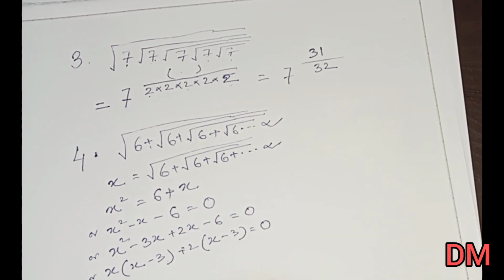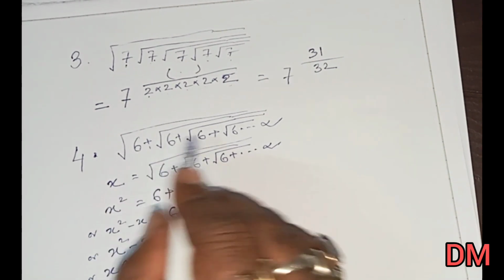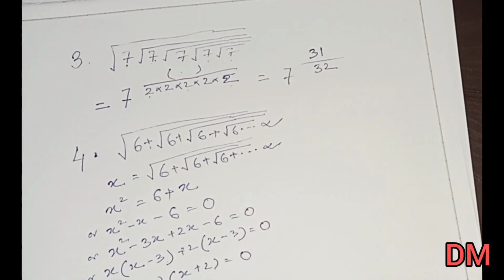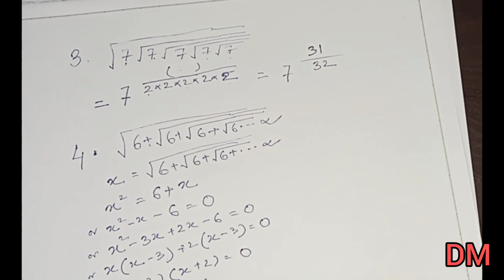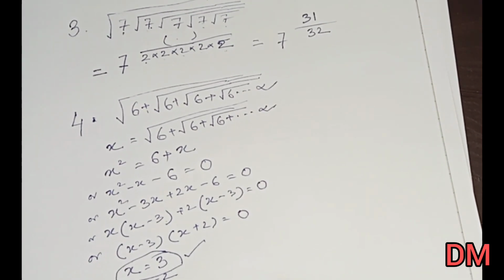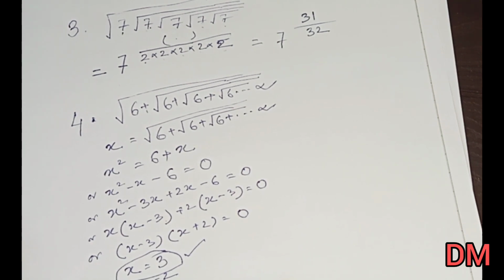So x minus 3 into x plus 2 equals 0. That means x equals 3 and x equals minus 2. So what will be the result? If you solve these things, this will be a positive one. So it has a value equal to 3. Got the point?